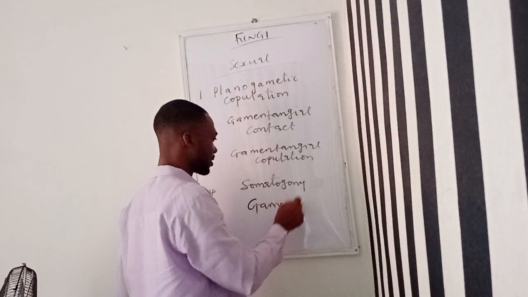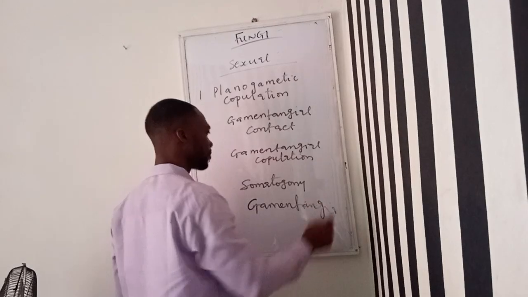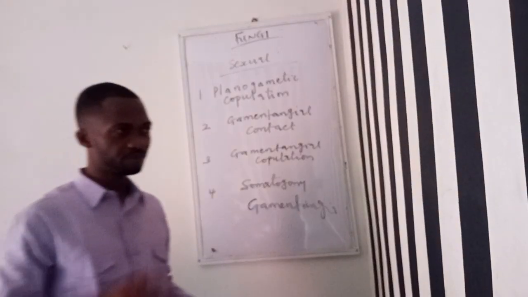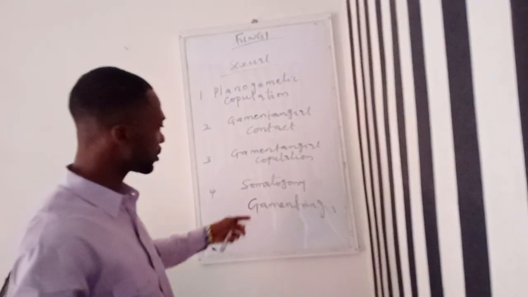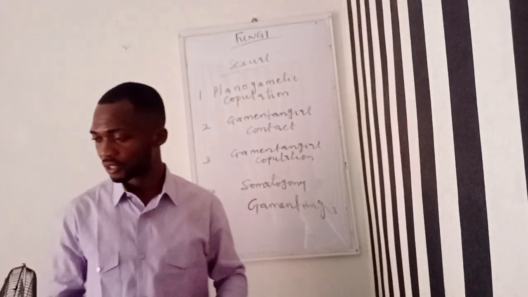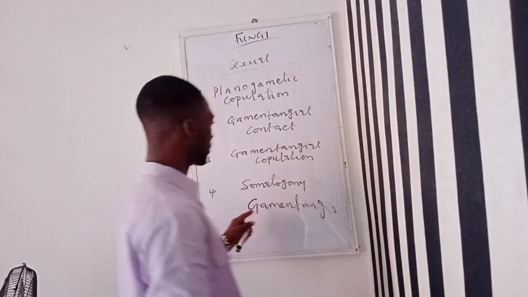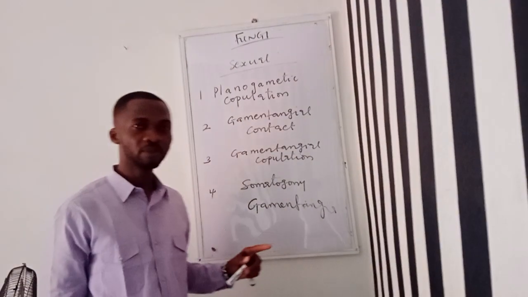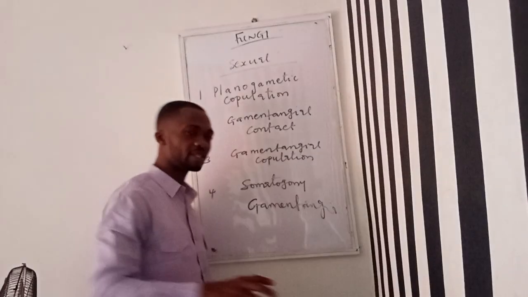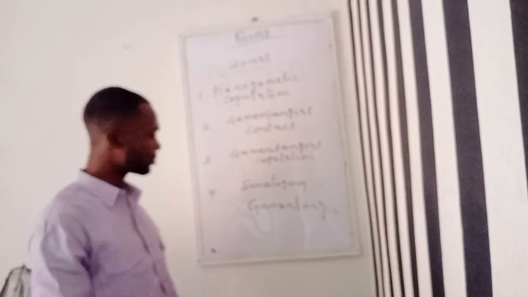Like what we call gametangia. The sexual organs of fungi are called gametangia. So it's important you understand this, because the gametangia is different from the gamete itself. The gametes are produced from the gametangia.